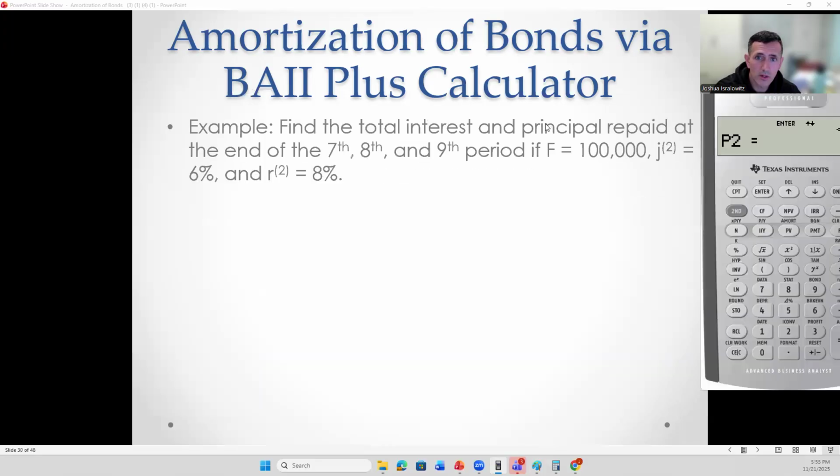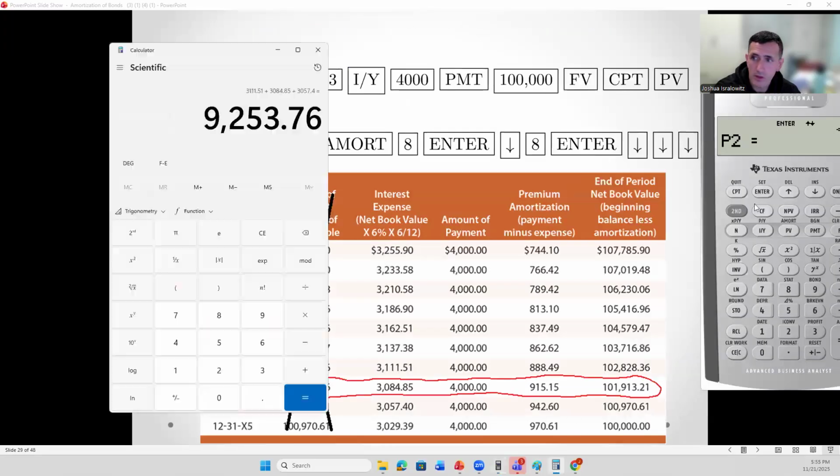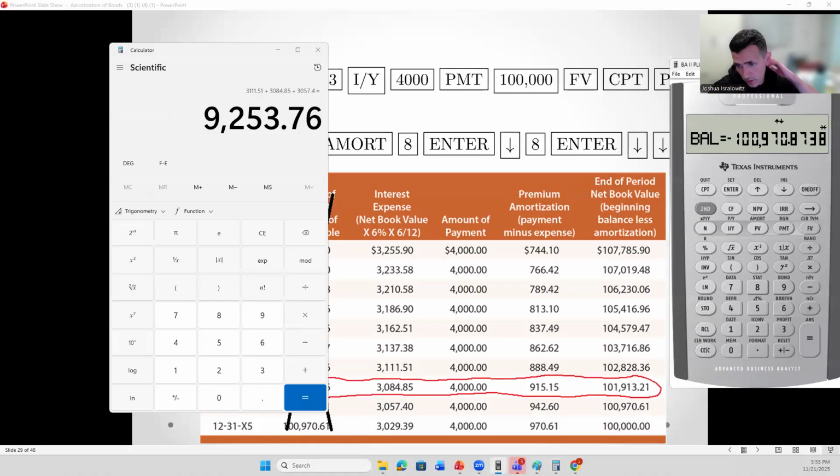So first of all, they give you the outstanding balance at the end of the period you entered. So this is correct, 101,913.87. I'm sorry, this is the ninth row, ninth period.